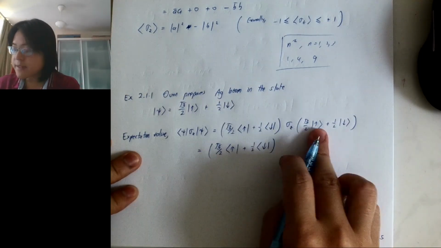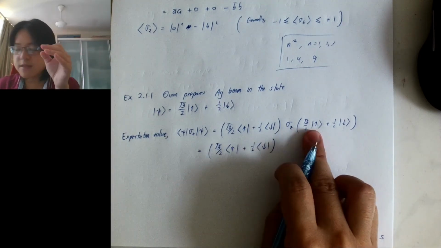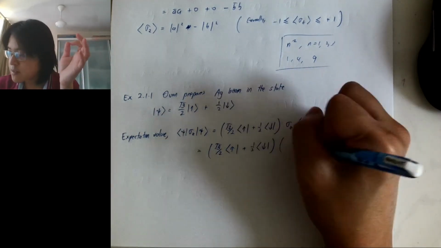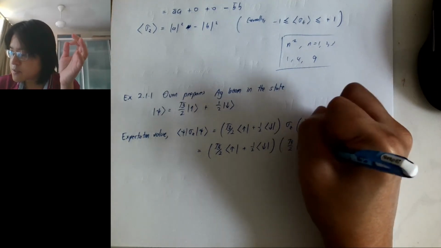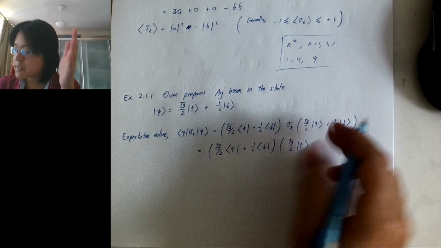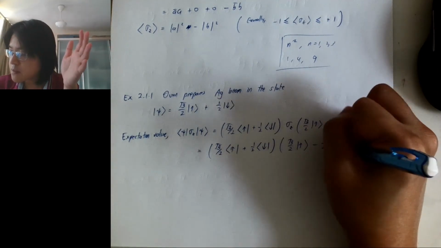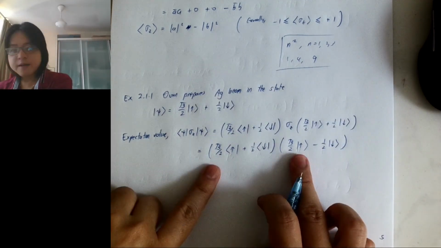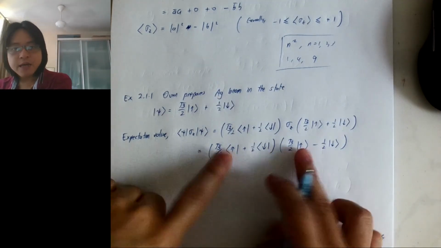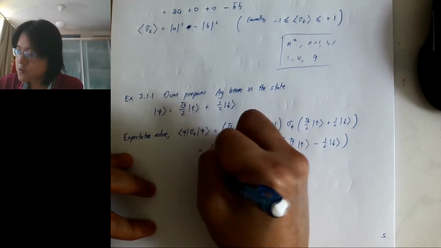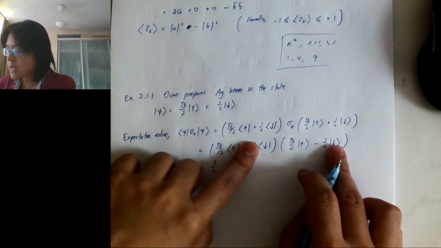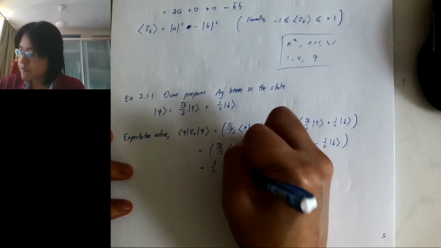And then this acting on the up state gives an eigenvalue +1. So I got root 3 over 2, still eigenvalue +1. This acting on this, I get eigenvalue -1. Then now I can multiply them. The up and up, I get 3 over 2. The rest are negative, but this times this, I get -1 over 4.